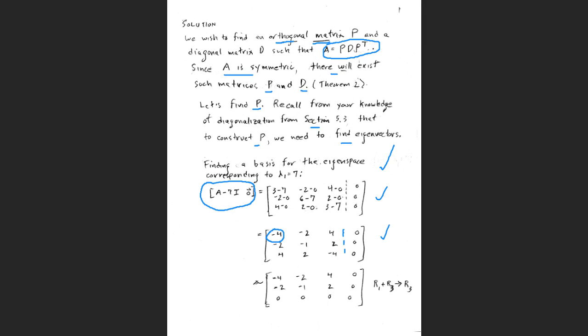So I want to get this 4 down here. I want to make it a 0. So I'm just going to add the first row to the third row and replace the third row by that result. Please let me know if you have any questions, okay?